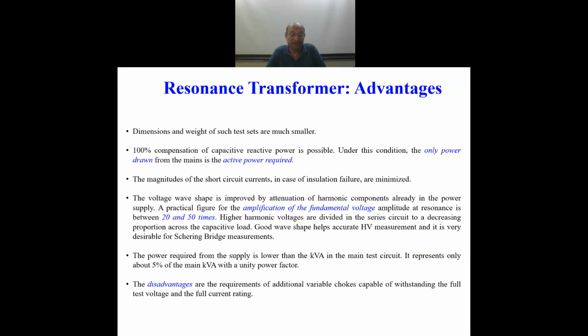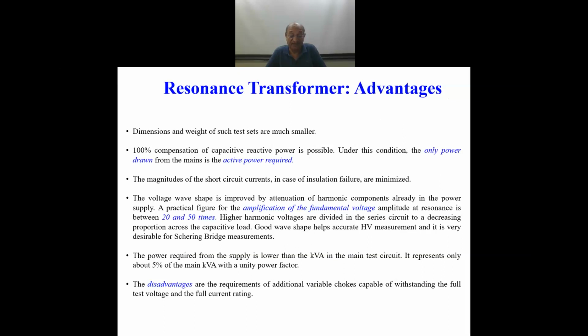So the voltage wave shape is improved by attenuation of harmonic components already in the power supply. There may be some harmonic components in the power supply, and the voltage wave shapes would improve under the resonant conditions. A practical figure of the amplification of the fundamental voltage amplitude at resonance is between 20 and 50 times.